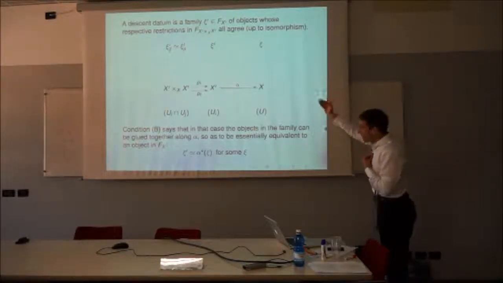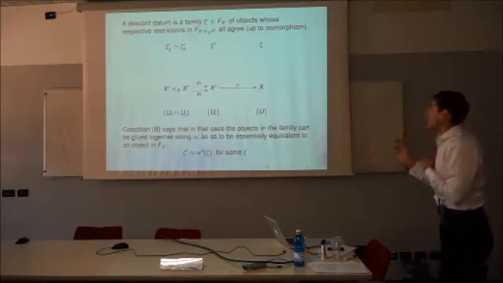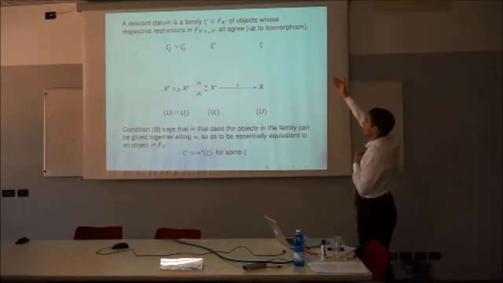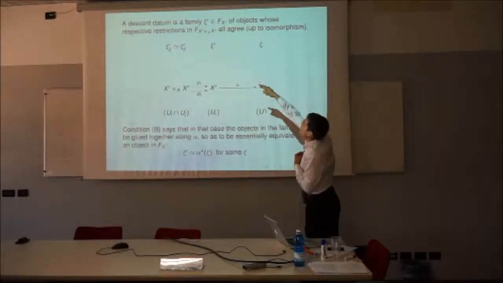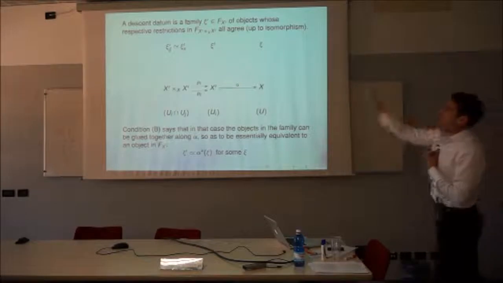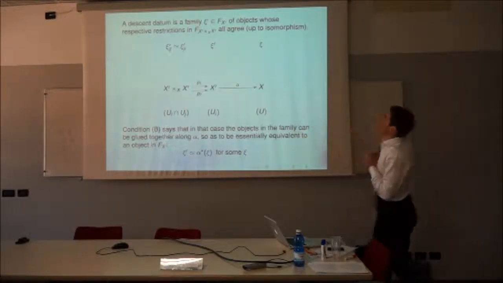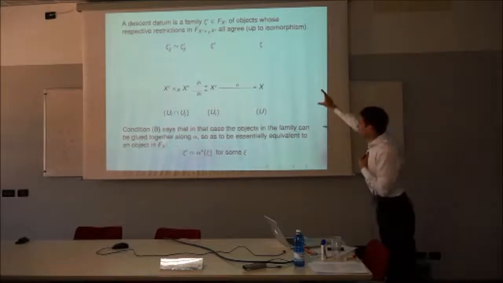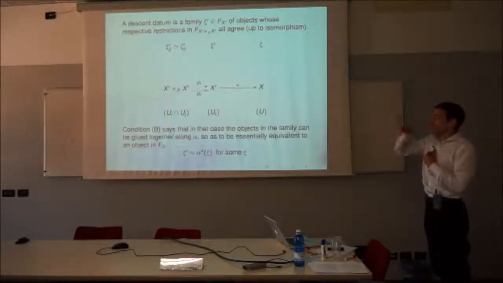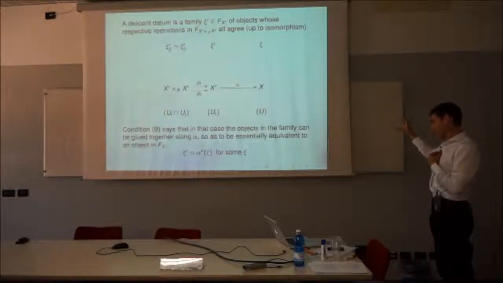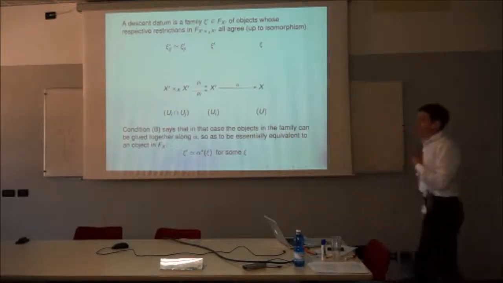If we have such a situation, then the components encoded by psi prime can be glued together so as to give an object psi above X. So each time we have an item psi prime whose two base change images are isomorphic, we can glue the data encoded by psi prime so as to get a global item psi along alpha. That is expressed by that condition.